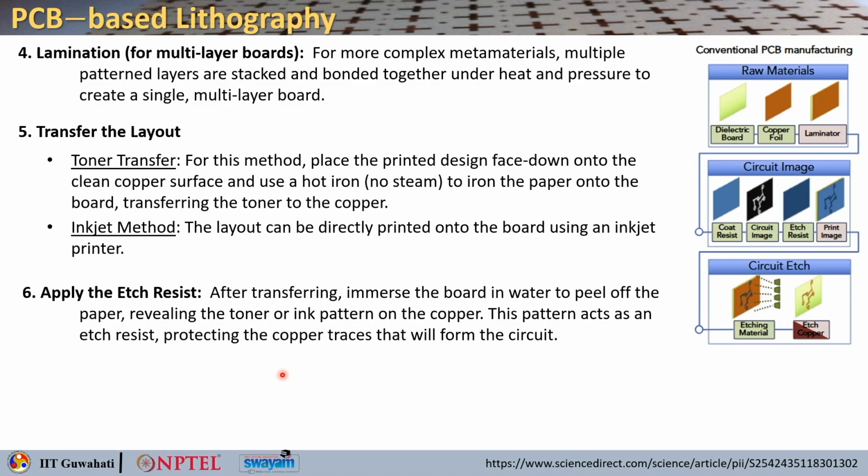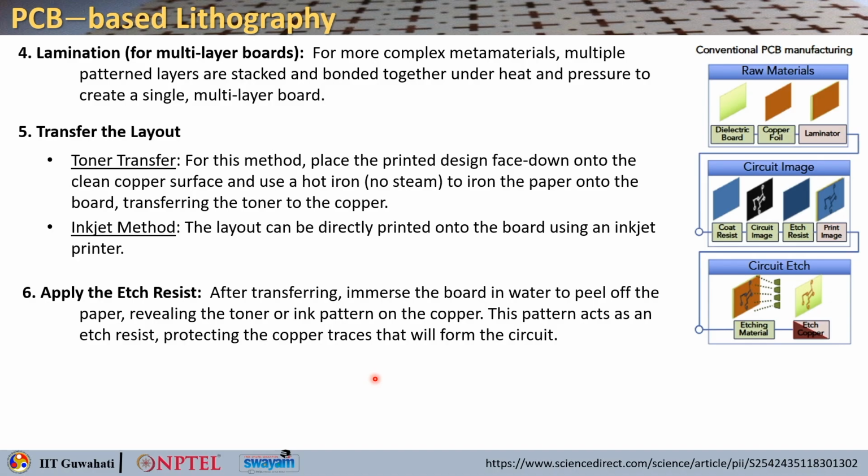So you have to apply the etch resist. For transferring, you have followed this method, and after it is done, you basically immerse your board in water to peel off the paper. That will reveal the toner or the ink pattern on the copper.